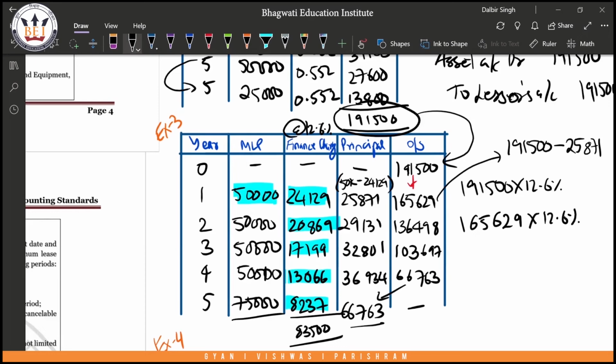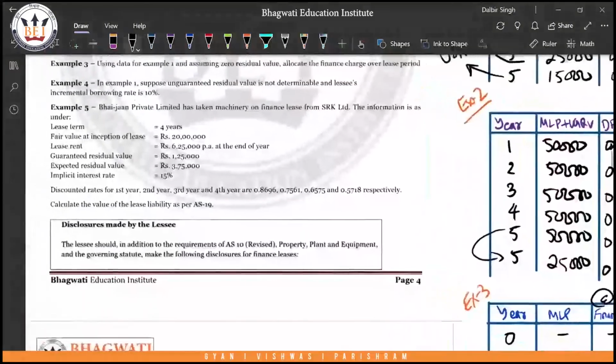Your total minimum payment, which is 2,75,000, out of which 83,500 is interest. Therefore the principal portion will be 1,91,500. So your minimum lease payment includes a percentage of finance charge which you are bifurcating now. Clear? You would have done the same questions in FM also. So by that we'll go to the next question.